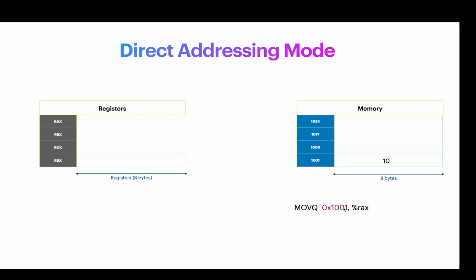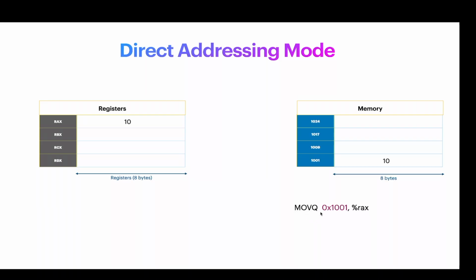So it says move the data available in this address to the RAX register. So when this instruction gets executed, the CPU goes to this address 1001, picks up whatever data is available in this memory location and moves the data to the RAX register. So this is what happens.